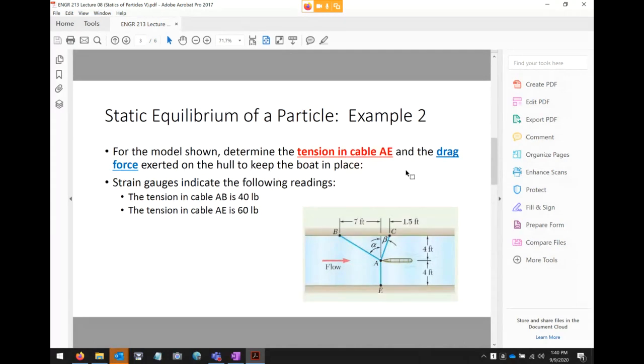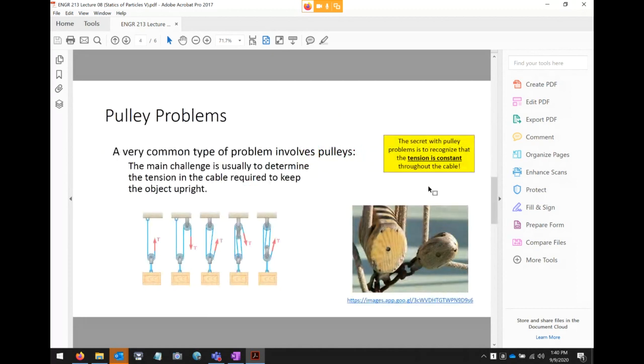I've got an example that we're going to do tomorrow or on Friday that's a bit more complicated. There are a bit more ropes, a bit more stuff going on. And then we're going to look at a particular type of statics problem involving pulleys. Pulleys are a very common sort of riddle, if you will, in statics, looking at the tension in the rope or the cable in a given pulley.